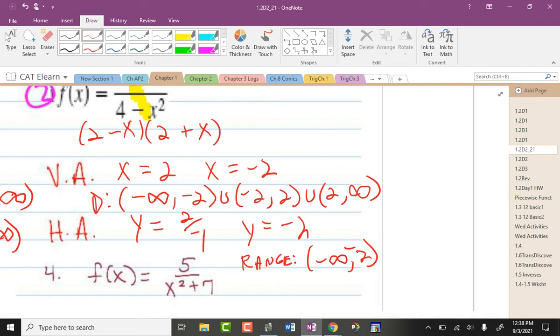Then it skips to 0, and 0 was included because it is a range value. For horizontal asymptotes, they are approached but not quite attained, so that is why I put a parenthesis on that. But 0, comma 0, the 0 was a y value, so I put a bracket on that.